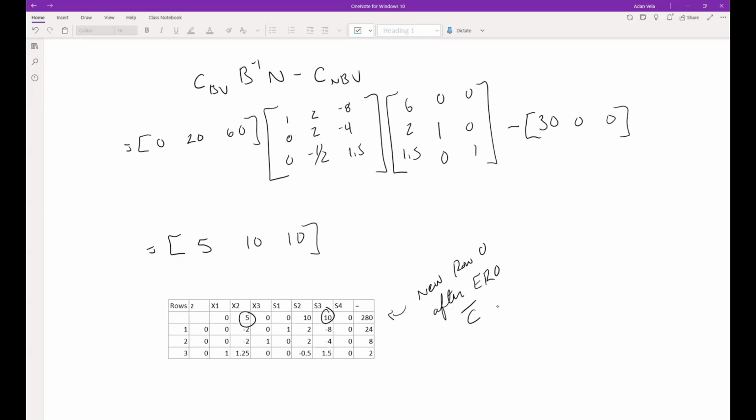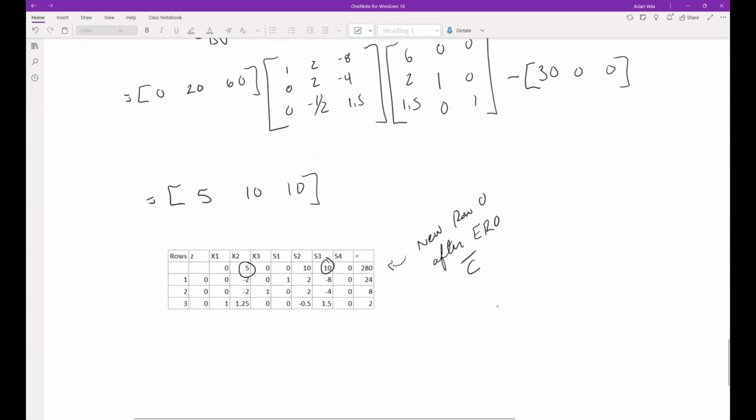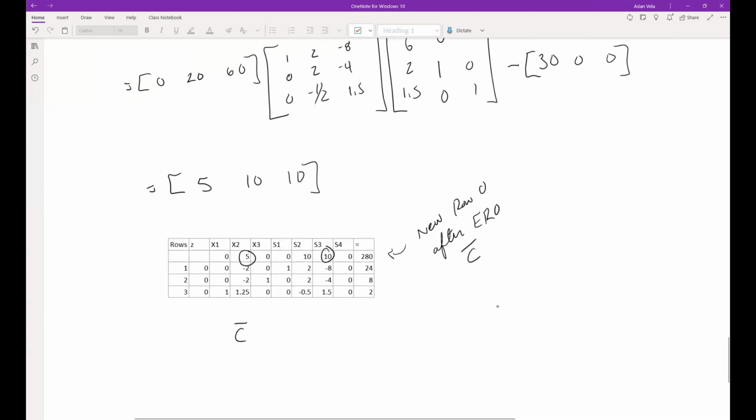Okay. And so one thing that we often write is C bar J is equal to CBV times B inverse times AJ minus CJ. Okay. And again, this AJ and CJ just come from the original formulation.